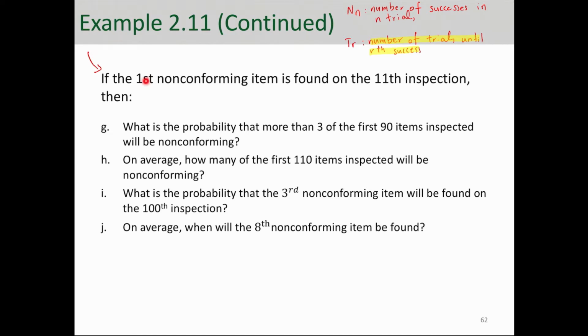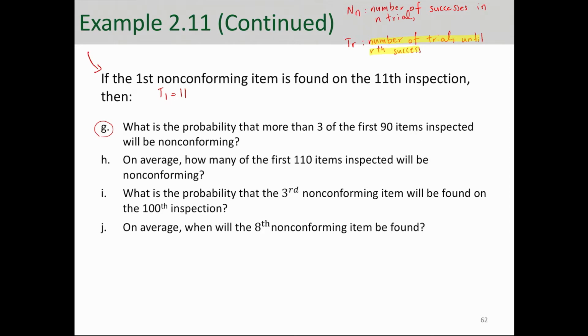This given fact here is essentially T1 equals 11. The first non-conforming is on the 11th inspection. That's given information. Now, what is the probability that more than 3 of the first 90 items inspected will be non-conforming?